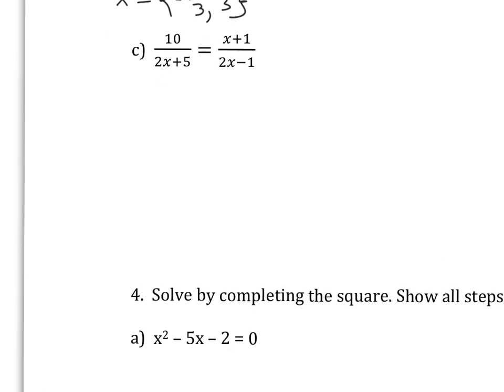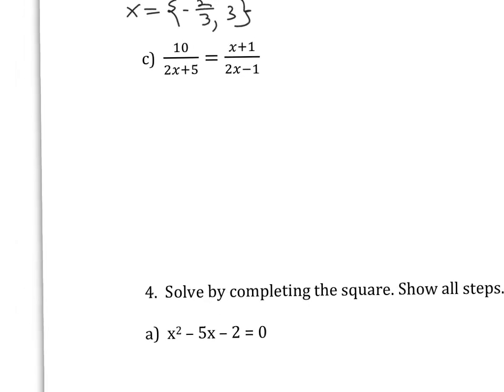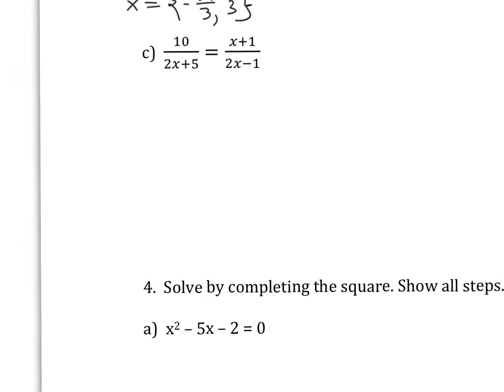And this one now is set up a little differently, so we have to do some rearranging before we can start to factor. And what we're going to do is we're going to cross multiply, because when two fractions are equivalent, the numerator of one times the denominator of the other is equal to the reverse, the denominator of the one times the numerator of the other.